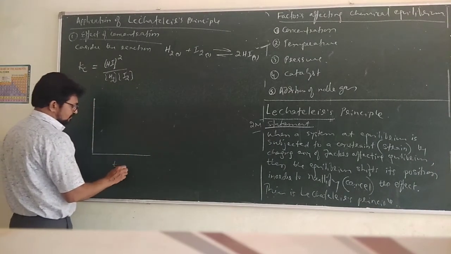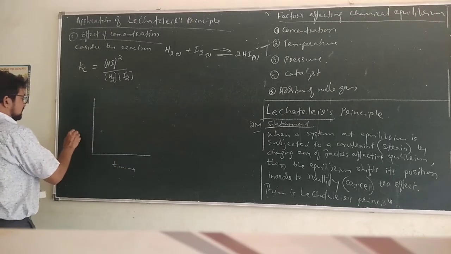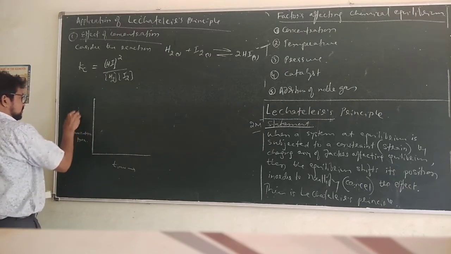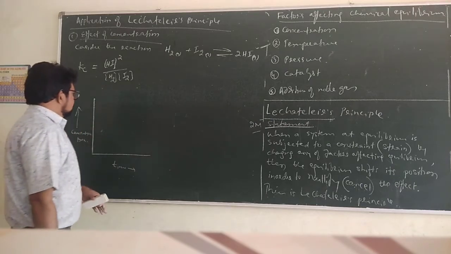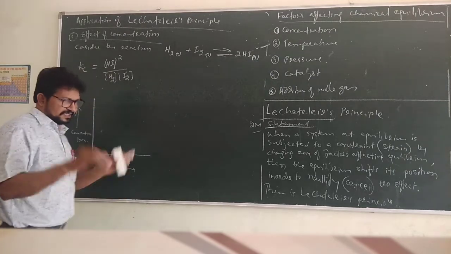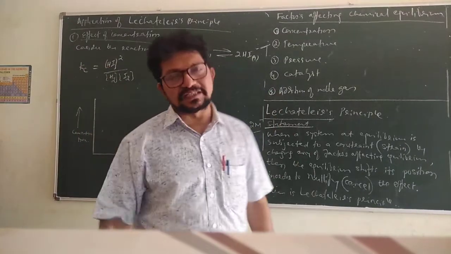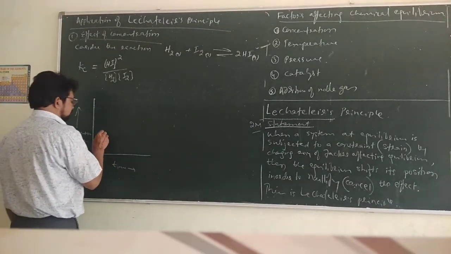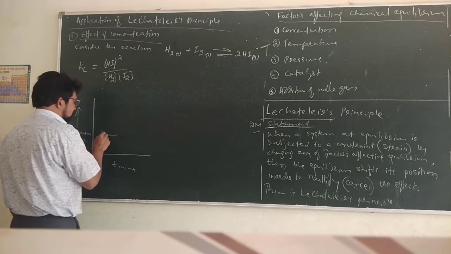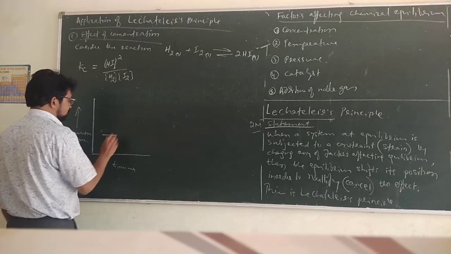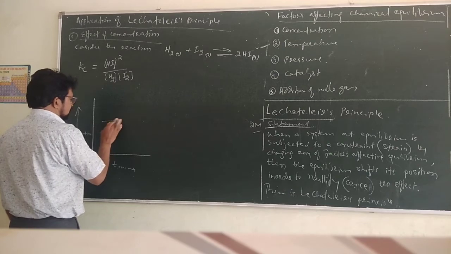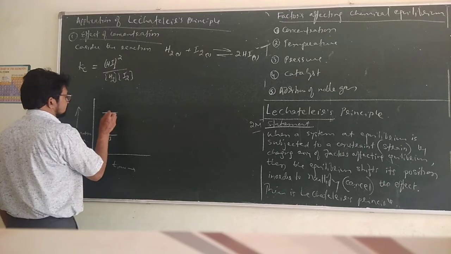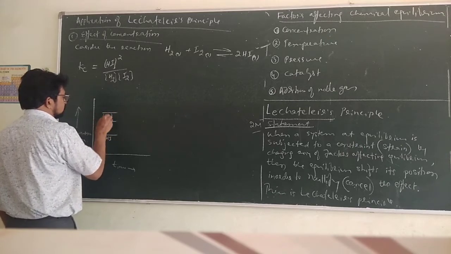Think this is a time axis and this is the concentration axis. I will start with the reaction already at equilibrium. This is the HI concentration, hydrogen iodide concentration. This is the hydrogen concentration and this is the iodine concentration. It is your own choice.